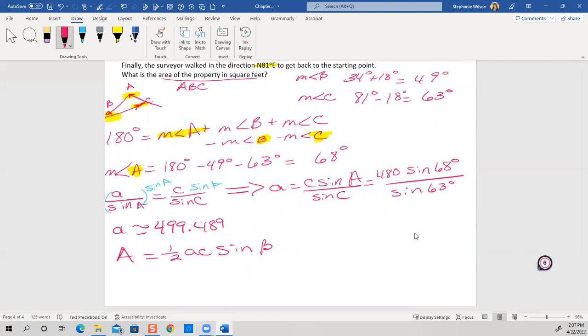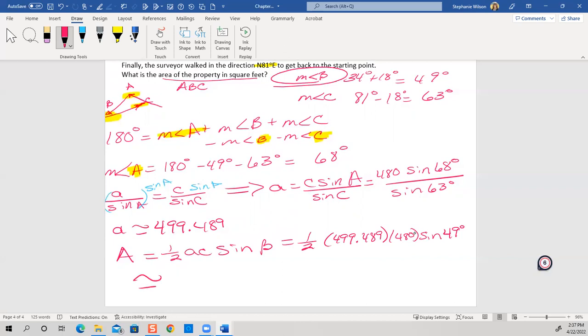So now we found a and we know what c is, and I'm going to plug in what I know. a is 499.489, and we're going to multiply it by my c, which is 480. And then we got sine of my beta, and my beta is 49 degrees. This is this one here.